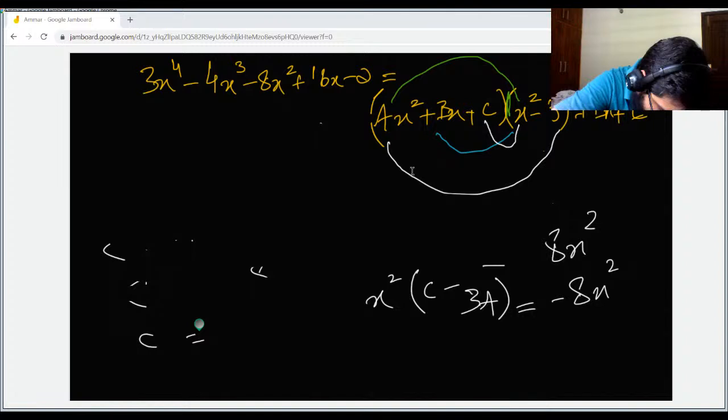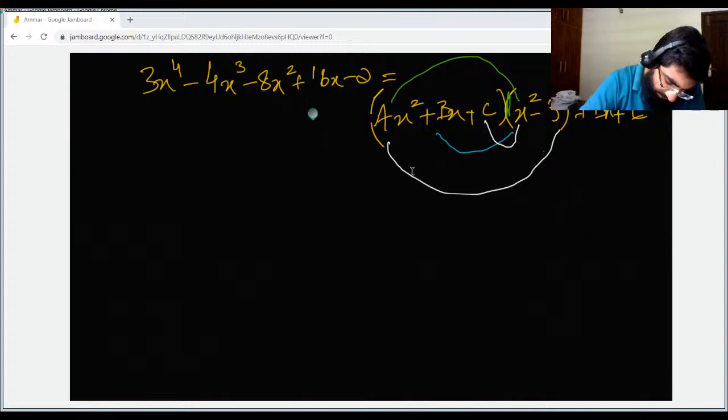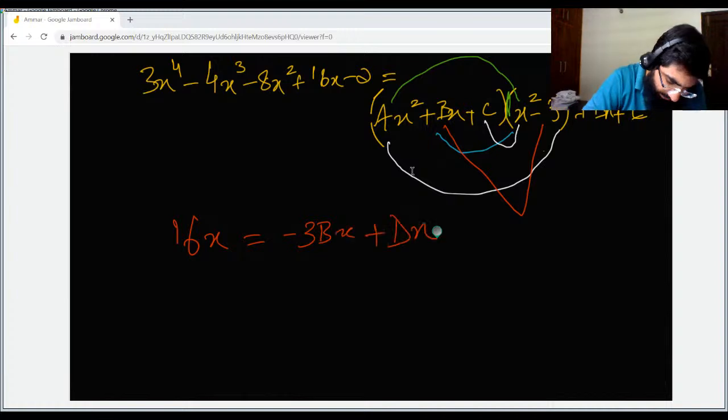Only if I multiply bx with minus 3, plus dx. So 16x is the x term, and I get it with minus 3bx plus dx. Let's put the value of b that I've already got, which was minus 4.